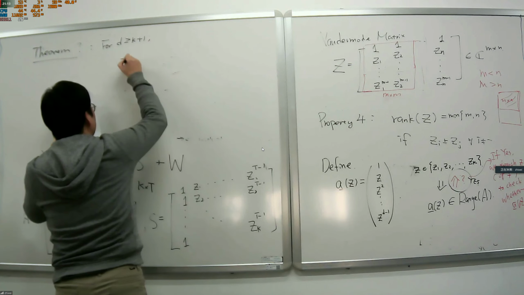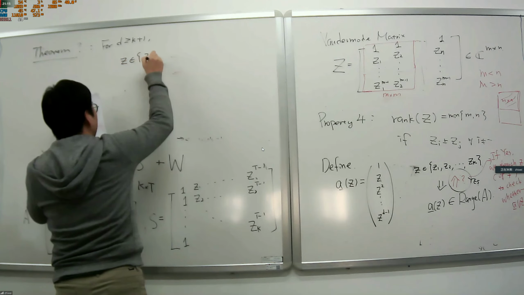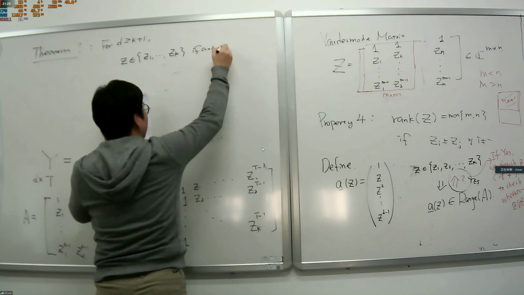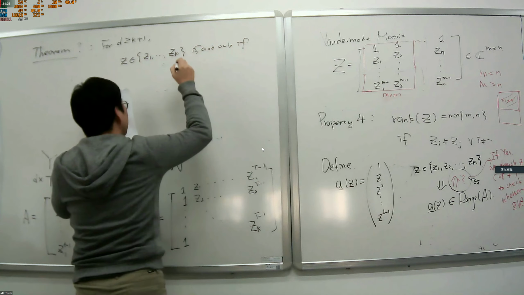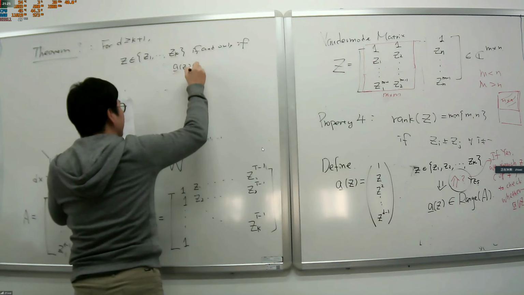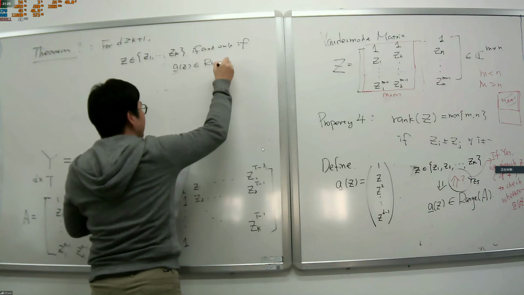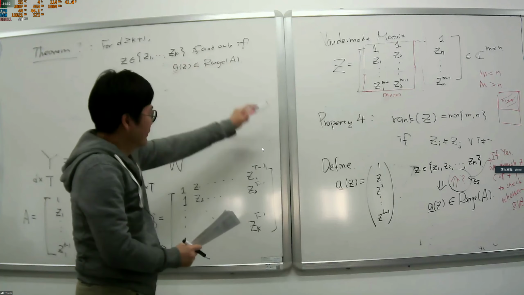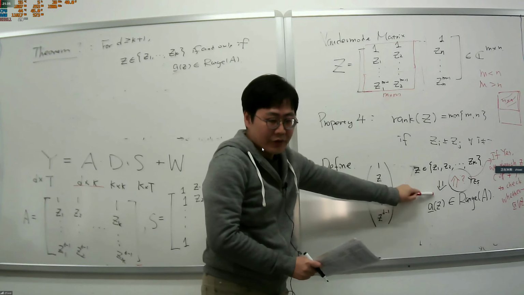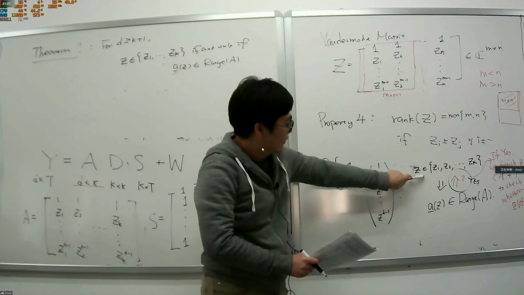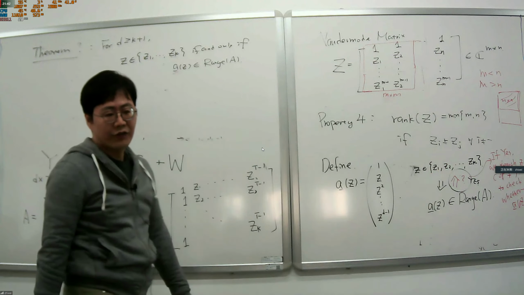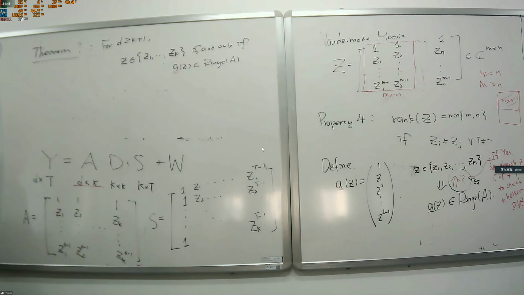Then Z belongs to Z1 to ZK if and only if AZ belongs to the range space of A. The "only if" part is this direction, and it is quite obvious. If Z is one of Z1 to ZK, then AZ is one of the columns of A, and of course it's in the range space of A.